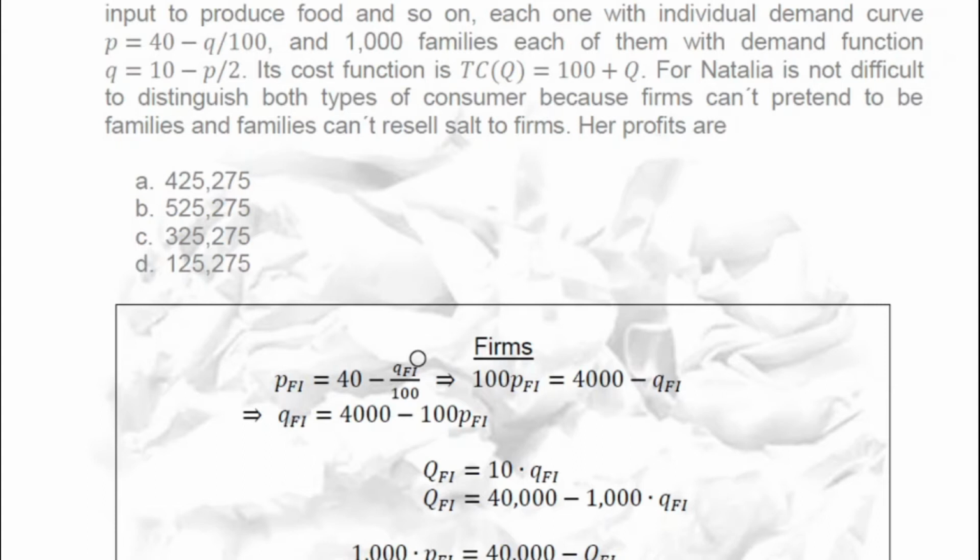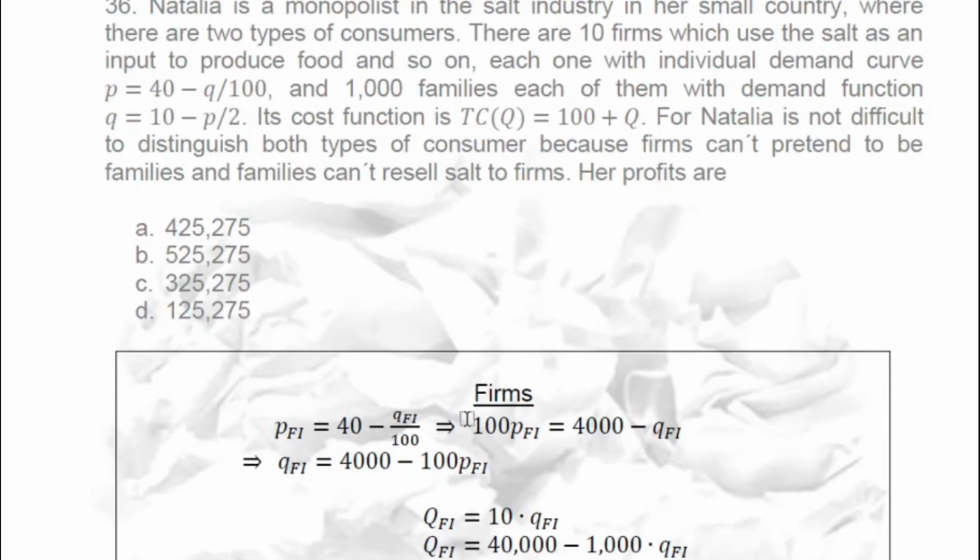So from P here, from firms, we isolate Q, we multiply by 100, then 4000 minus Q is equal to 100 P. We isolate Q and it's 4000 minus 100 P. Now we have 10 firms.